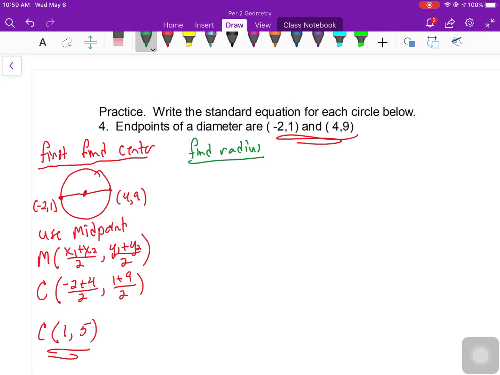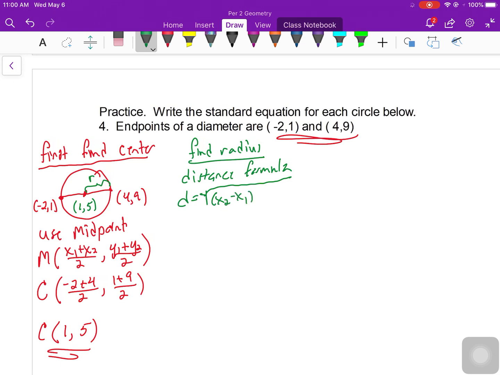The second step is we have to find the radius. Well, to find the radius, we really need the distance from this center point, 1, 5, out to one of the endpoints. So we could use the distance formula. Remember that distance formula from earlier again in geometry looked like this.